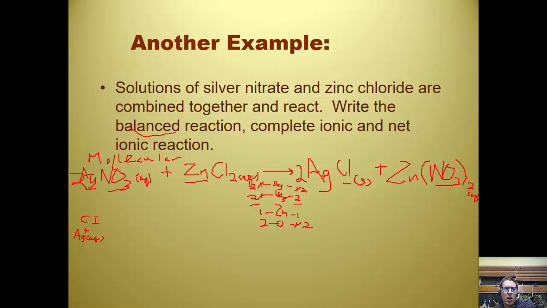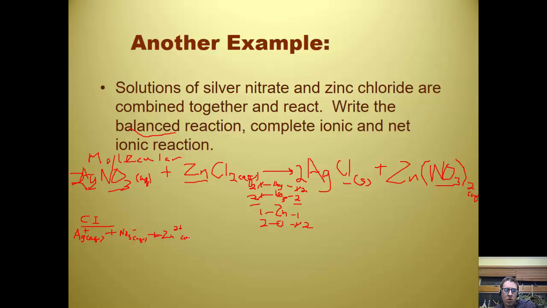We have nitrate, NO3 minus, aqueous. We have zinc. However, zinc's a 2 plus, which we know from our ion charges sheet, and we know chloride's got the 1 minus, so we need 2 of those.